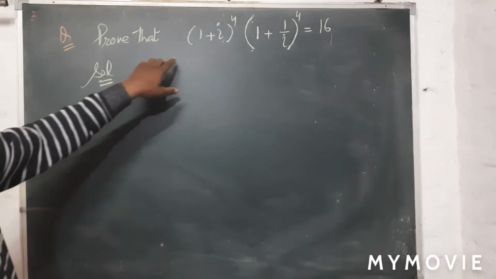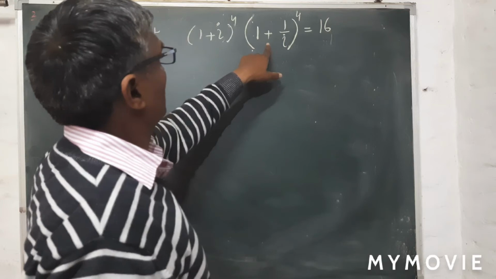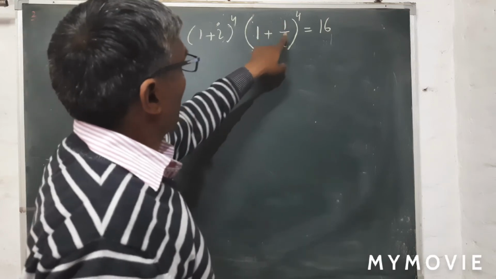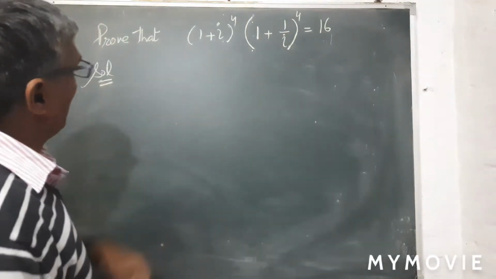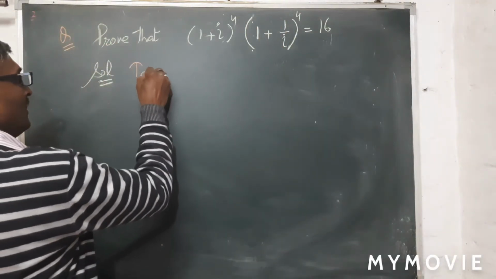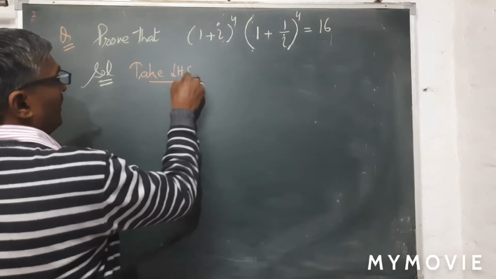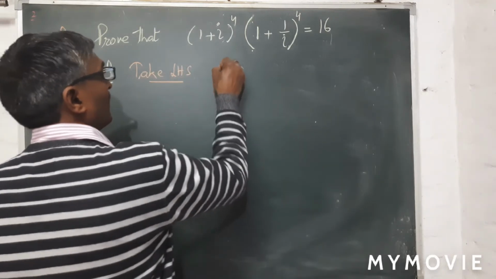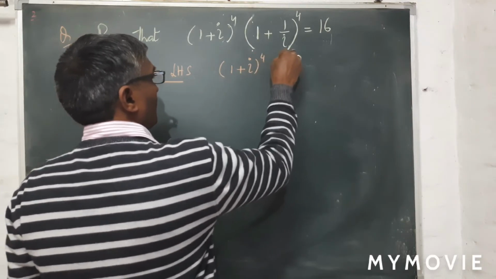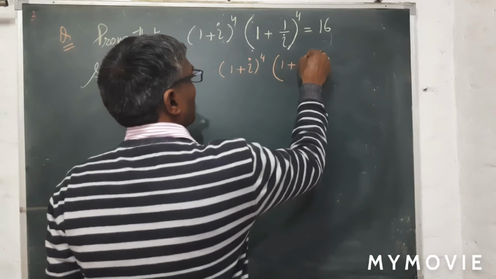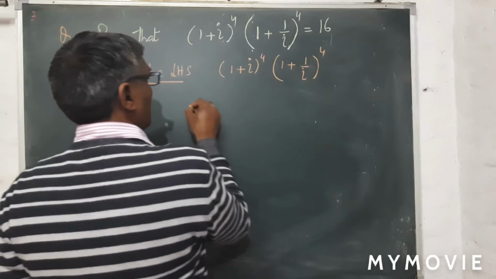Prove that 1 plus iota to power 4 into 1 plus 1 upon iota to power 4 is equal to 16. We have to prove this. We will take the left hand side. Left hand side is equal to 1 plus iota to power 4 into 1 plus 1 upon iota to power 4.